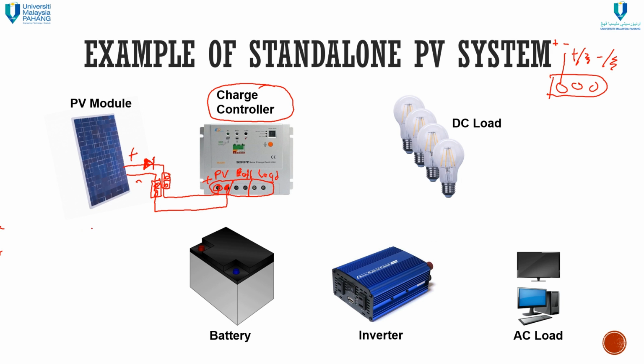Okay. Then after that, it comes to the charge controller, and then this one we connect to the plus of the battery terminal, and this is negative of the battery. So let's say this is plus, this is negative. Okay. And because like I told you, battery also when you connect, sometimes it will create sparks, especially for those with the higher capacity.